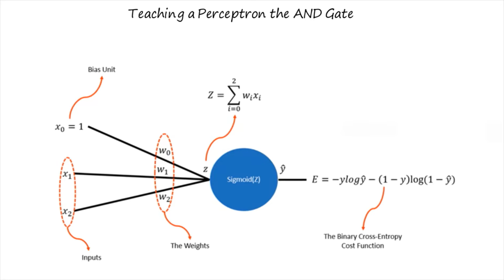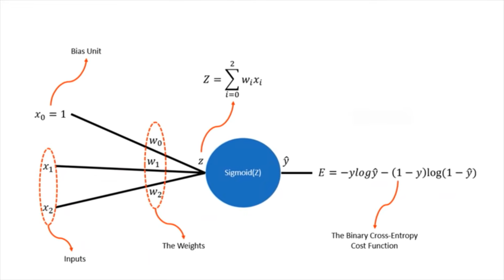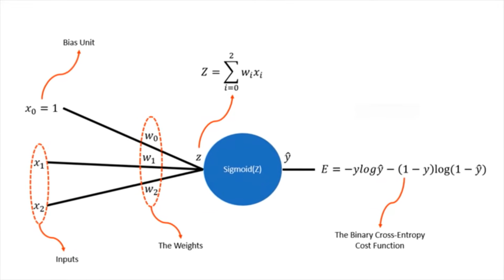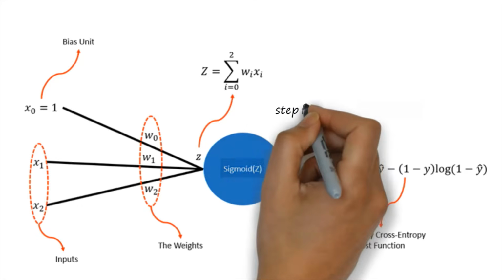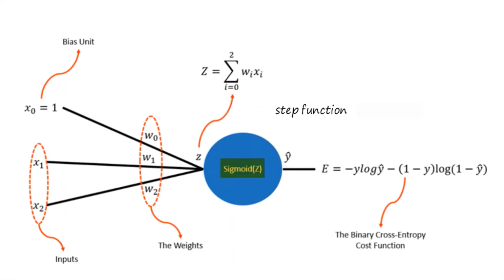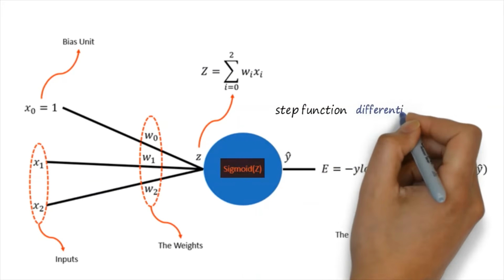Now I will discuss one point. In this case, I have employed the sigmoid function instead of the step function, though it is a Boolean kind of activity that we are tracking today. So the reason is, during backpropagation, we need all the functions that we have used during the forward pass to be differentiable.